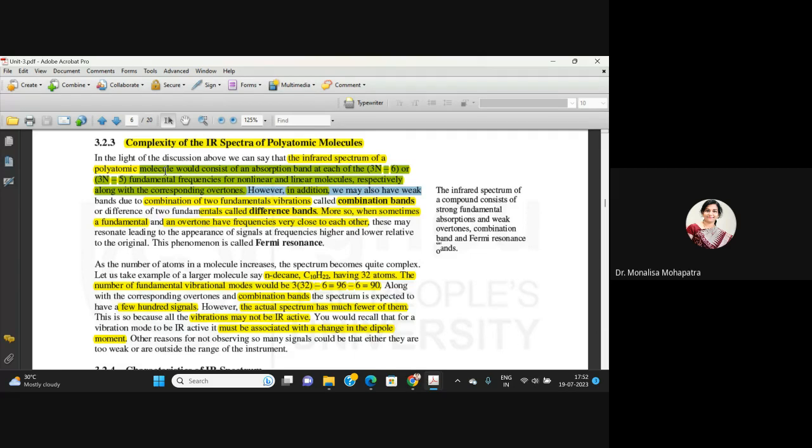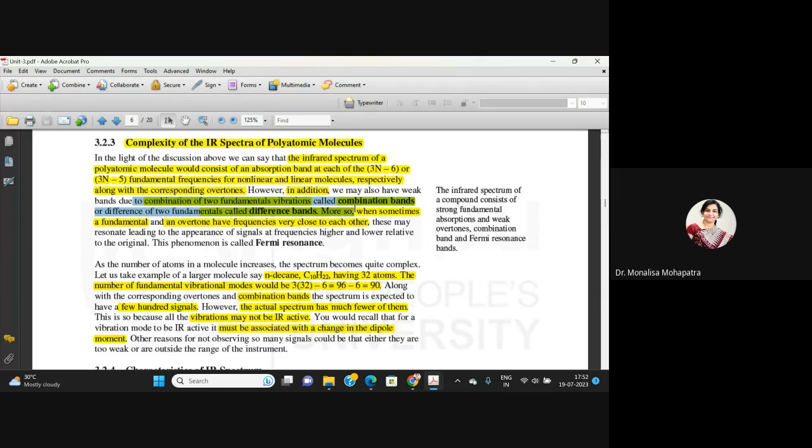In addition, you may get weak peaks due to the combination of two fundamental bands, called combination bands, or the difference of two fundamental bands, called difference bands.